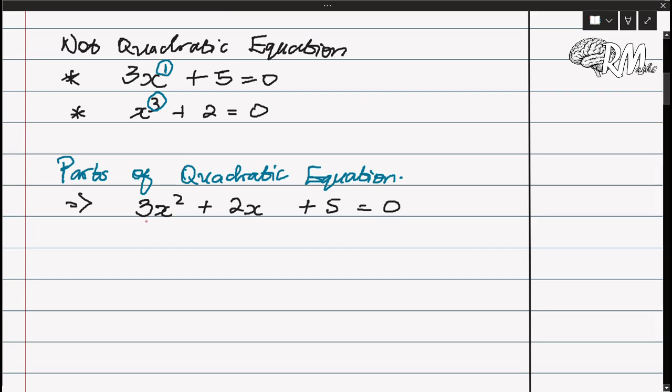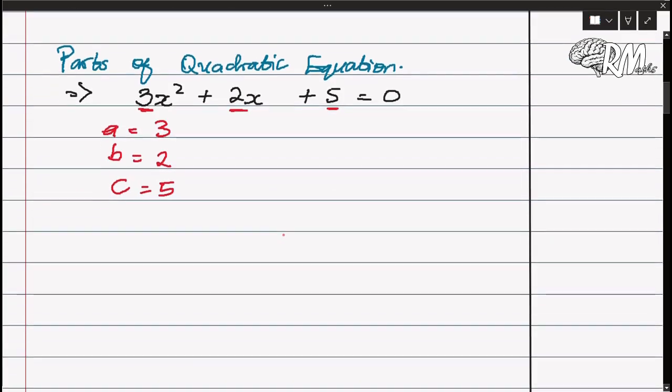Here we have 3, here we have 2, here we have 5. Now we can call a as 3, then b as 2, and c as 5. So this is how we know the parts of quadratic equation.